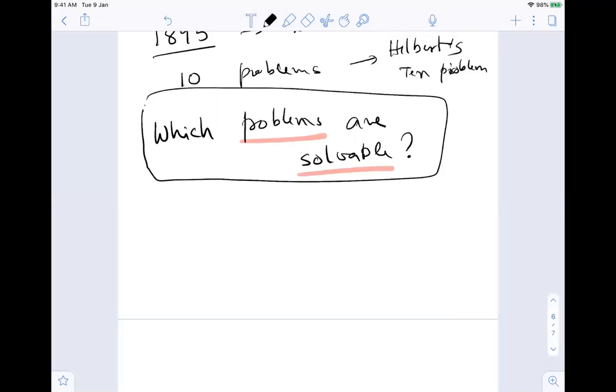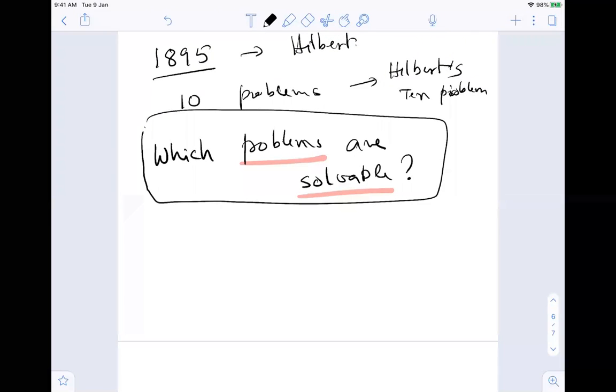This was the question proposed as one of the 10 problems. And this particular problem was answered by Gödel.